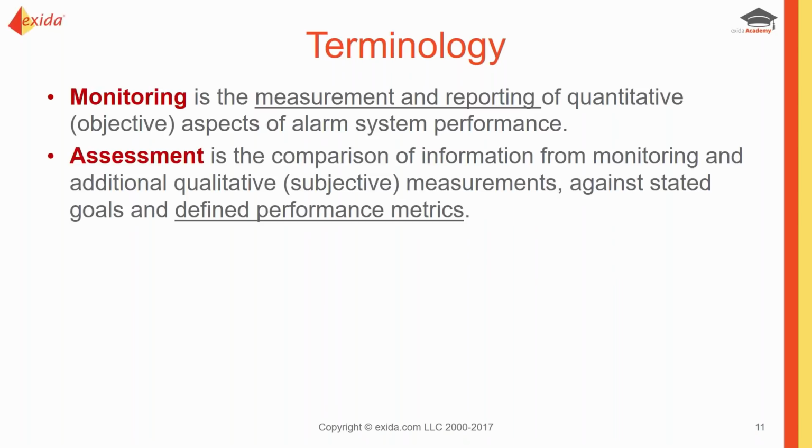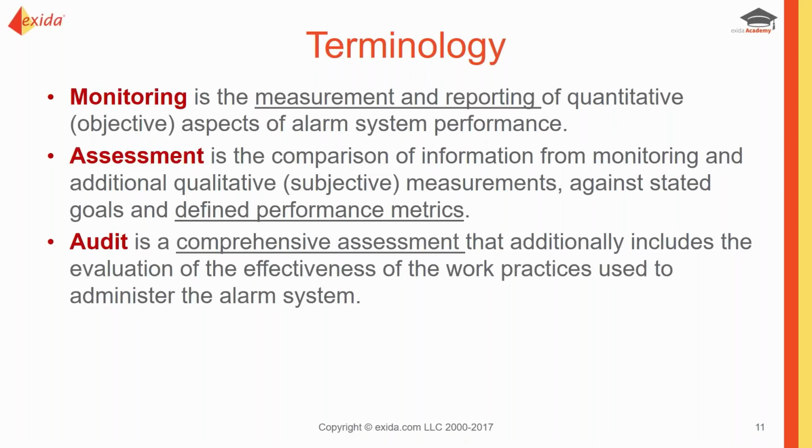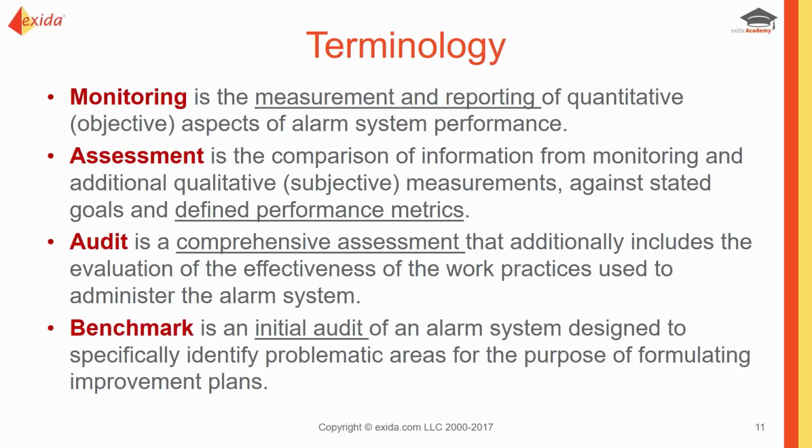So those two obviously go together. An audit then is a comprehensive assessment that includes not only the quantitative performance assessment, but also an evaluation of the work practices that you use for alarm management, such as management of change, testing and training, things like that. Then the last term is benchmark. That's one of the things we're going to focus on here.